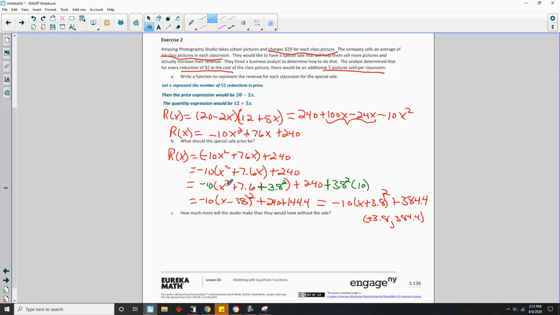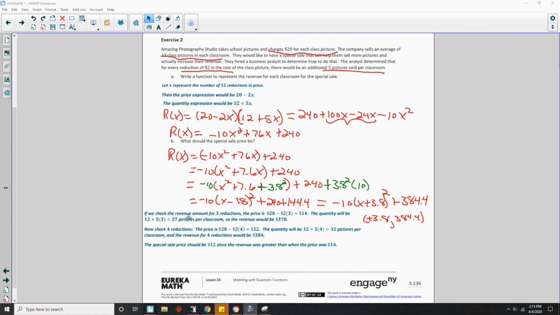Okay, so let me just bring that in so you understand what I'm saying. If we check the revenue amount of 3 reductions, the price is $20 minus the 2 times 3, which is 6, which would be $14. The quantity will be 12 plus 5 times 3, or 15. 12 plus 15 is 27 pictures per classroom, so the revenue would be $378.